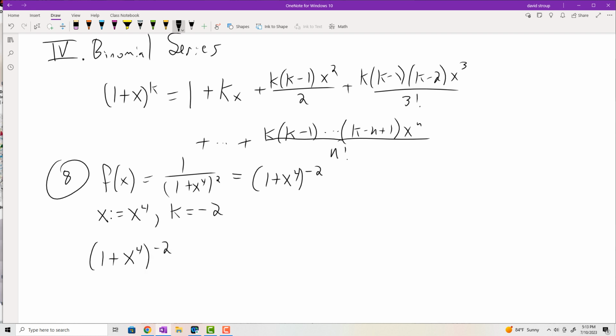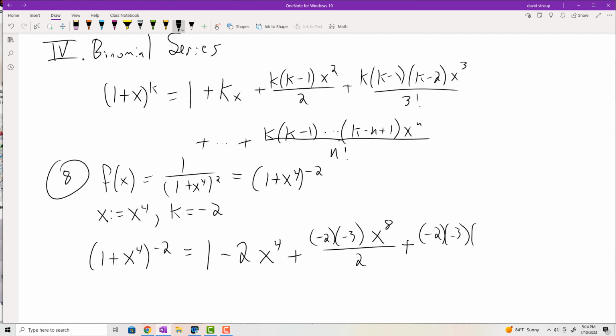Alrighty then, so here we go. Plugging in x to the 4th wherever I see an x, and negative 2 wherever I see a k: negative 2 for k, and x to the 4th for x, plus negative 2 times negative 2 minus 1, which is negative 3, and then x to the 4th squared is x to the 8th, over 2, plus negative 2 times negative 3 times negative 2 minus 2, which is negative 4, times x to the 4th cubed, which is x to the 12th.